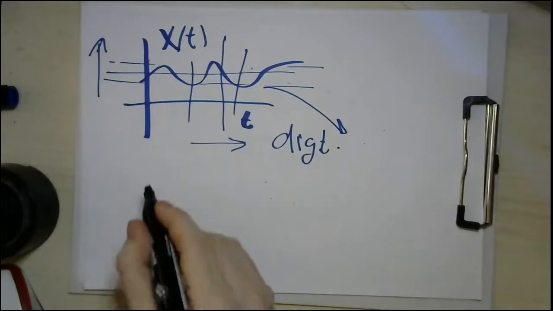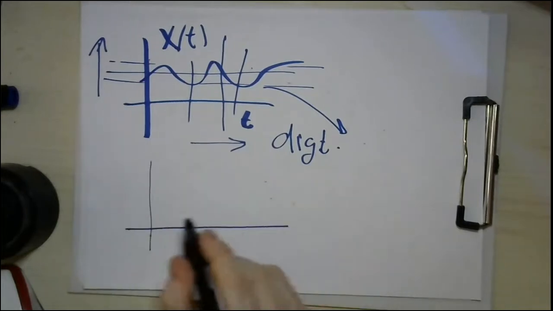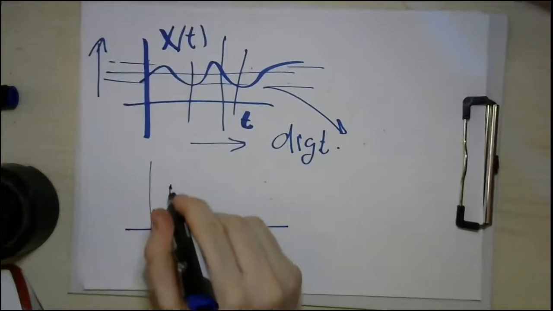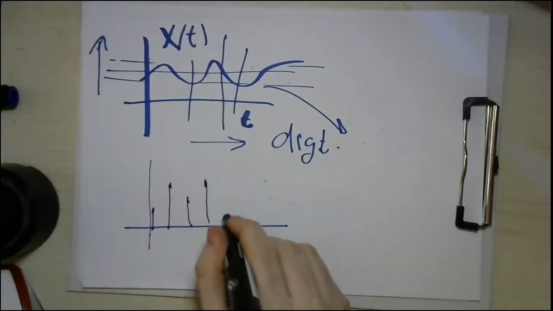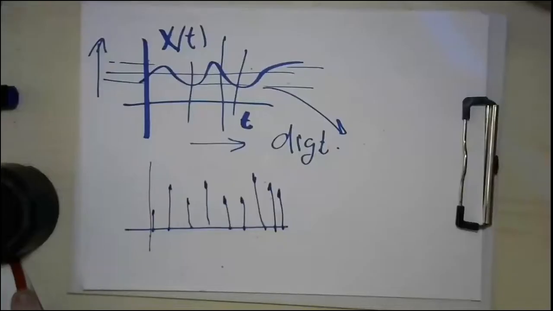For example, if you have a signal looking like that, and if I asked you, is this a digital signal or an analog signal? Actually, the perfect answer is that this is not a digital signal and this is not an analog signal.